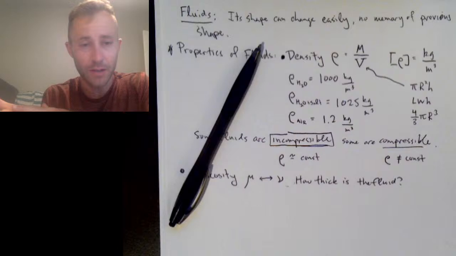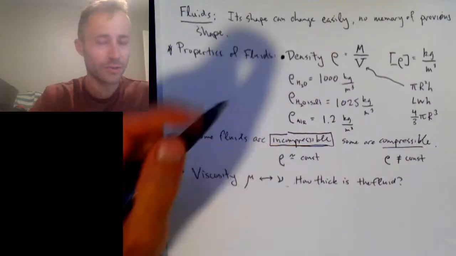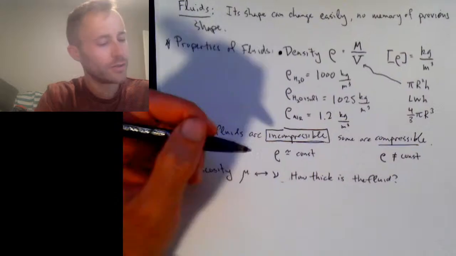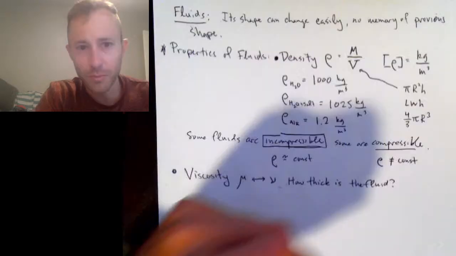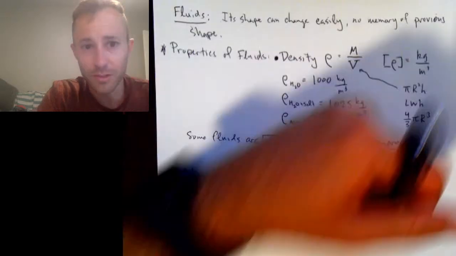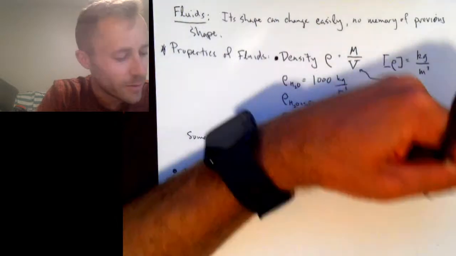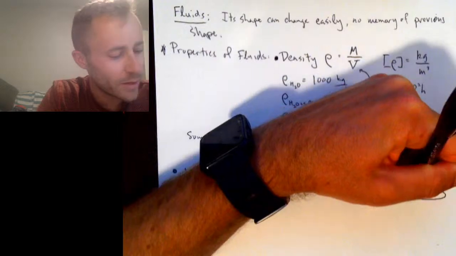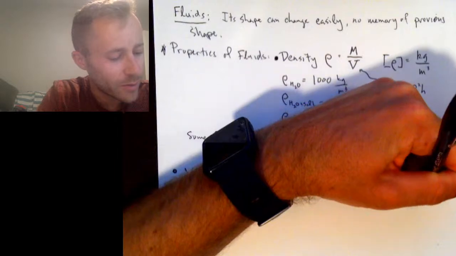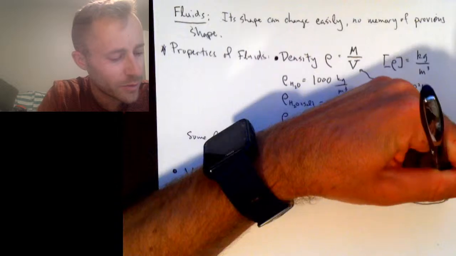So this is one way you could measure viscosity: you make a sandwich where you have a metal disc, then a fluid, and then another metal disc underneath it.